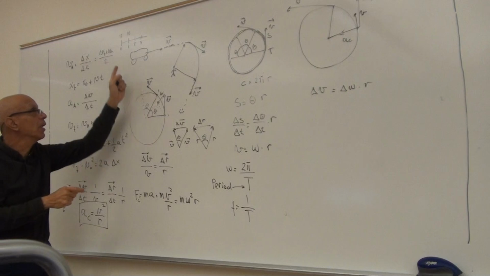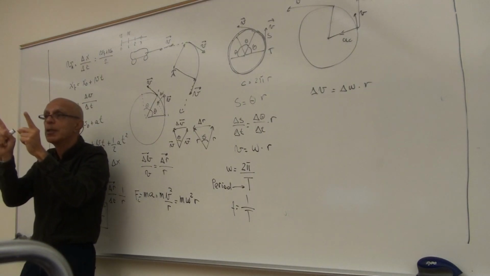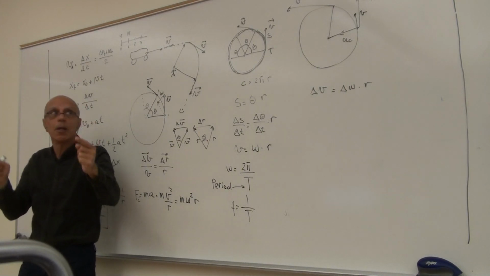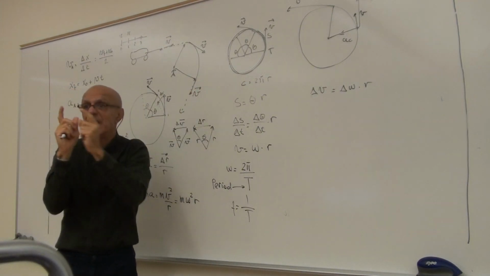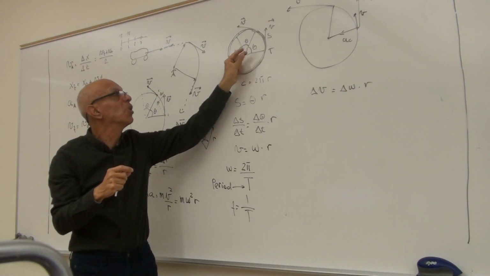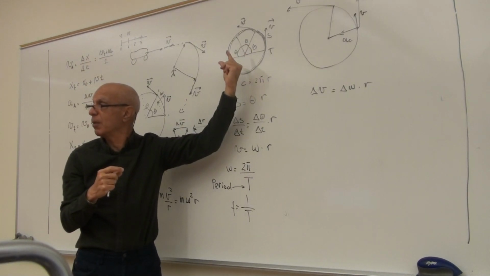Do you remember in linear motion, every picture I take, the displacement is the same? So it's constant speed. Here it's the same: 1 second, 2 seconds later, it's going to be the same angle. You see that?